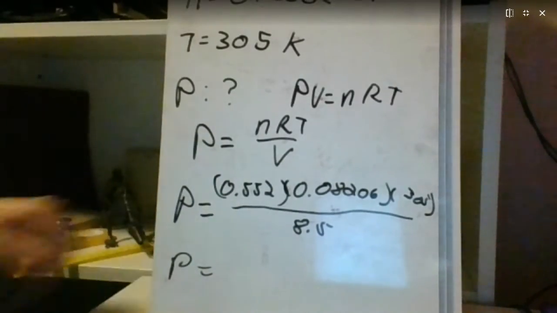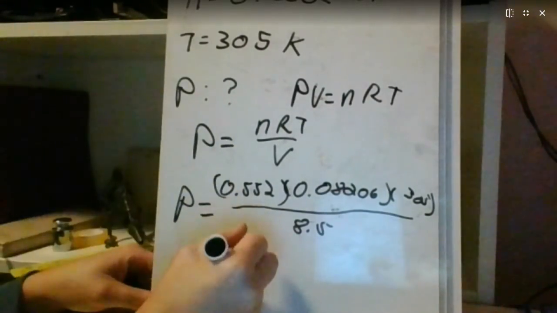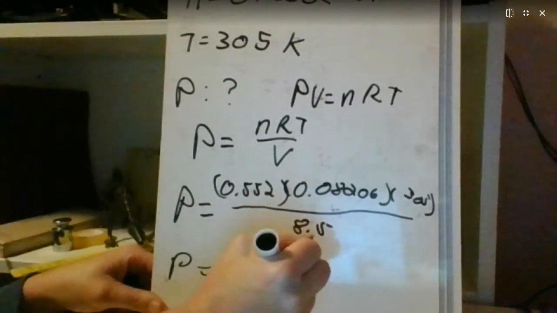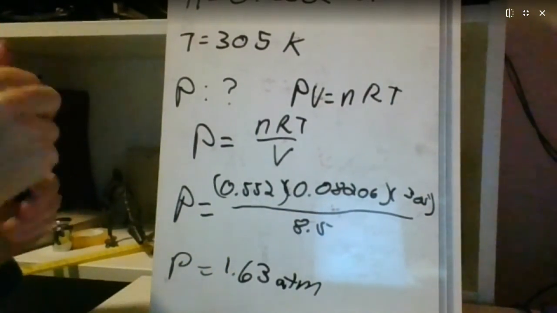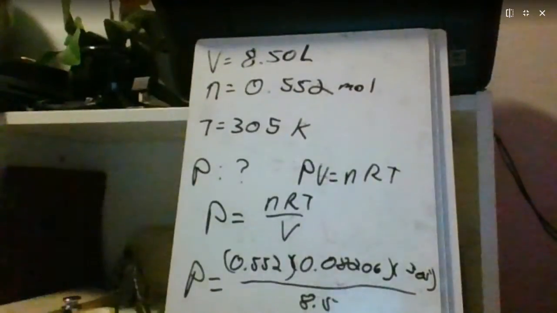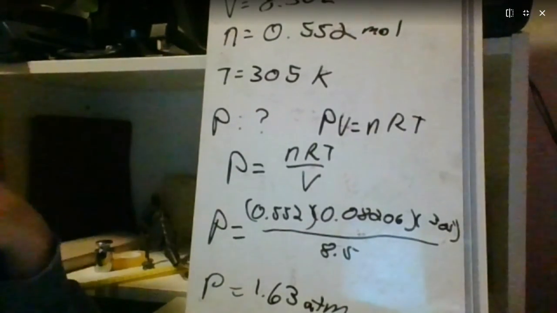The pressure in the tire is going to be 0.552 times 0.08206 times 305 divided by 8.5, which is 1.63 atmospheres. Great. Okay, that concludes gas laws.